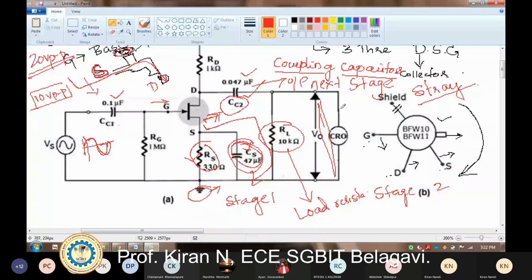To protect those load devices, we use this load resistance RL. Since I am not connecting anything at the output, but I am measuring this output across the CRO, the CRO here is acting as an output device.